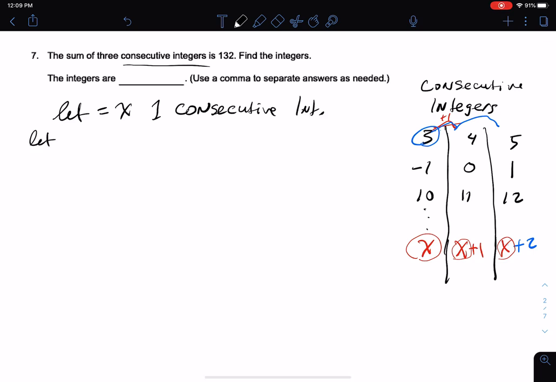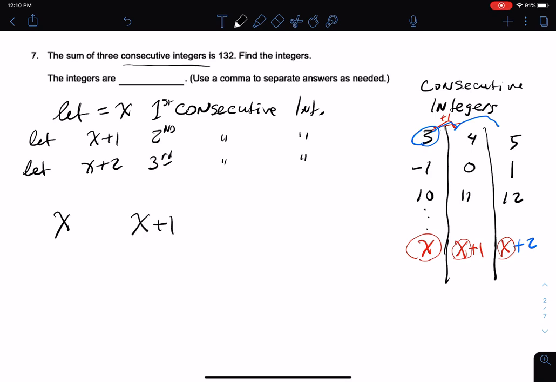Then we're going to let x plus 1 be the second consecutive integer, and we're going to let x plus 2 be the third consecutive integer. So algebraically, the first consecutive integer is x, the second consecutive integer is x plus 1, and the third, compared to our first, is x plus 2.